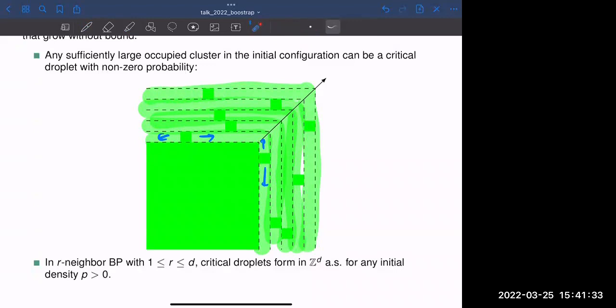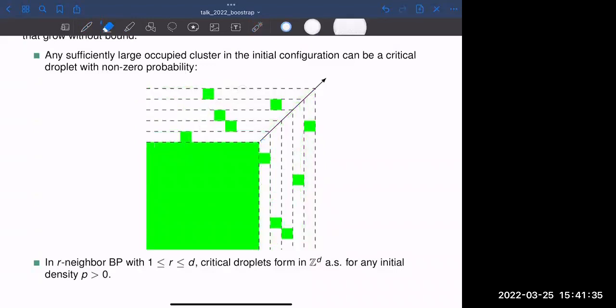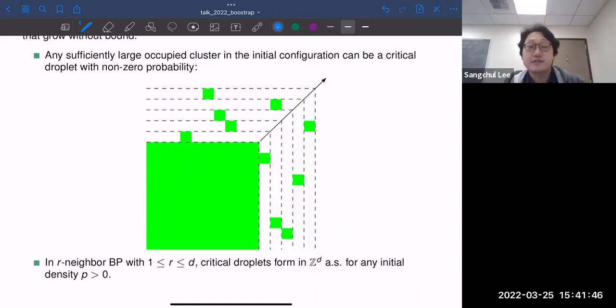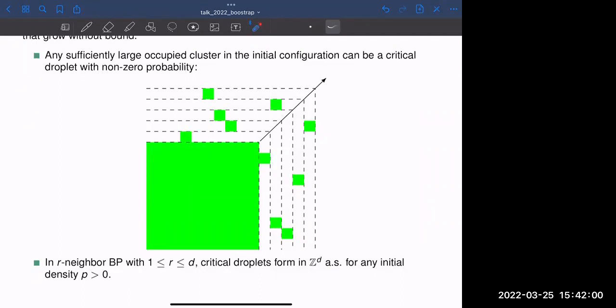Can I ask a question? In this picture, you've got the big green block, and if one of these strips surrounding the green block didn't have anything in it, it couldn't grow. It couldn't, but if the cluster is already sufficiently large, then with positive probability all the other such layers will contain at least one occupied site. But if you get stuck at the beginning, it doesn't color the whole lattice, does it?